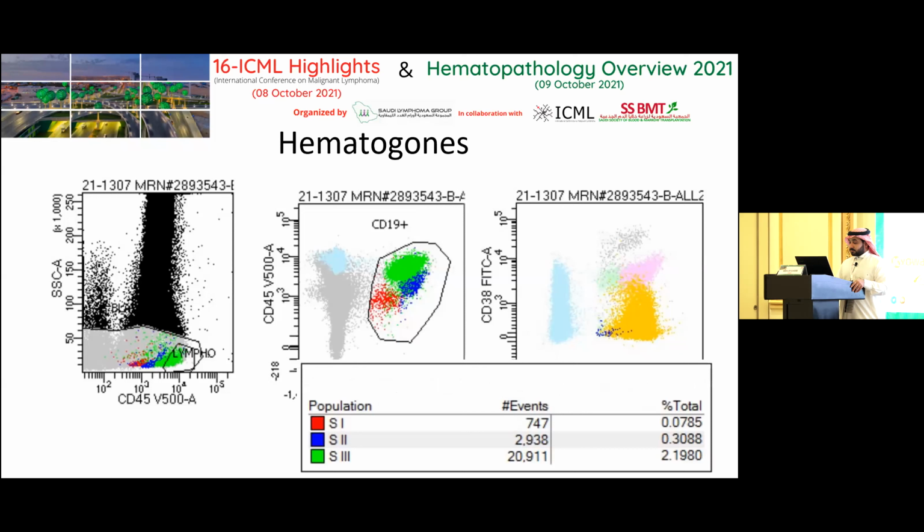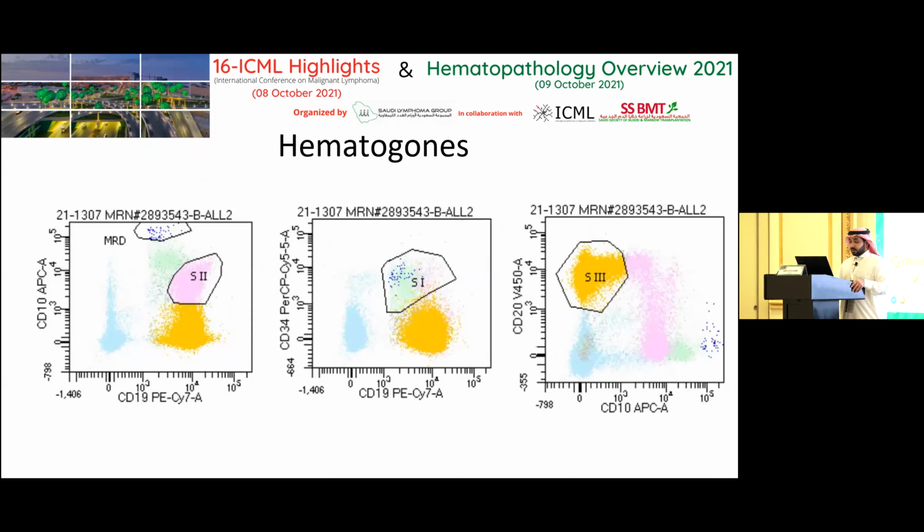The percentage of all stages can also be determined, and you can see the different stages with maturation, especially with CD19 and CD10. You can also use the different stages of maturation when you combine CD10 with CD20, which gives you a question mark sign.